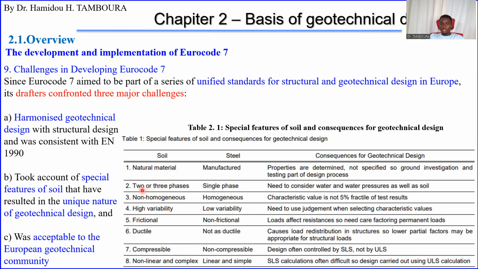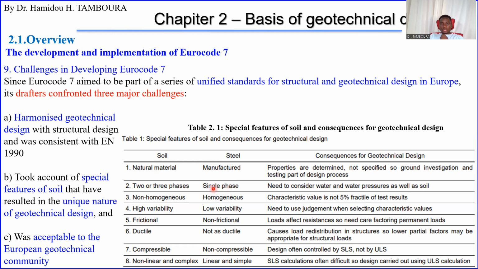Soil also has 2 or 3 phases: liquid, solid, and gas. Liquid is maybe water, solid is the grain part, and also gas like air. Again, in soil mechanics class, only one phase, the solid phase, is considered.